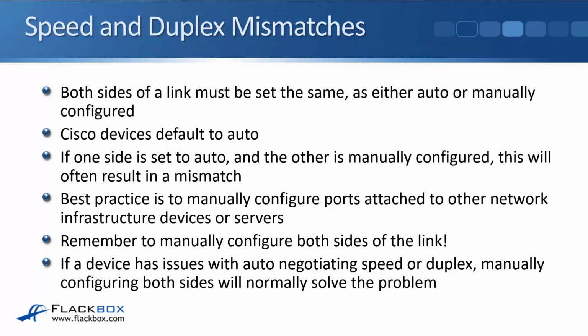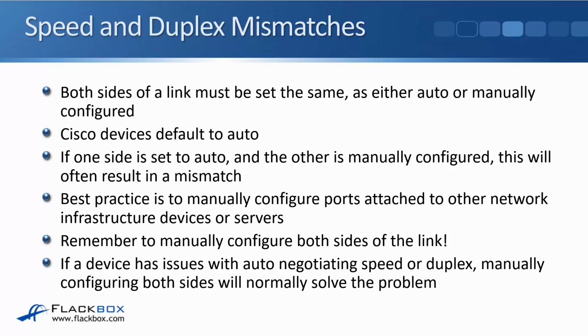Best practice is to manually configure ports attached to other network infrastructure devices or servers. So your routers, your switches, your firewalls, etc., have those configured manually, also your servers. For your normal PCs, we're going to have a lot of those. We'll typically leave that set to auto. Again, remember, if you do configure it manually, do both sides of the link.